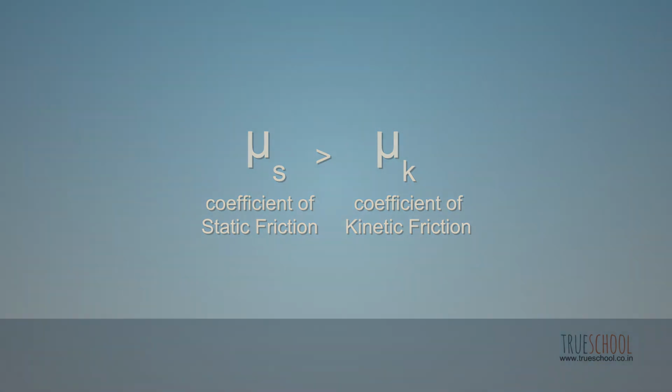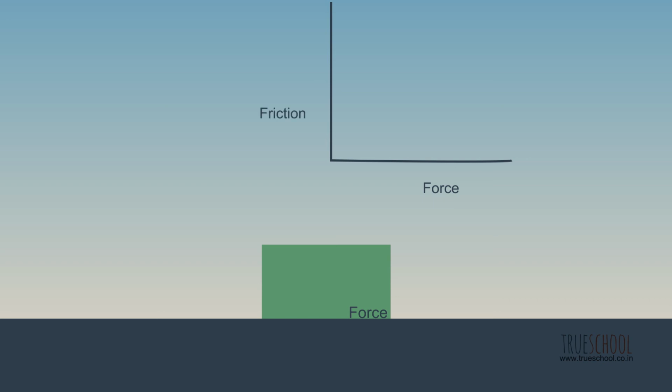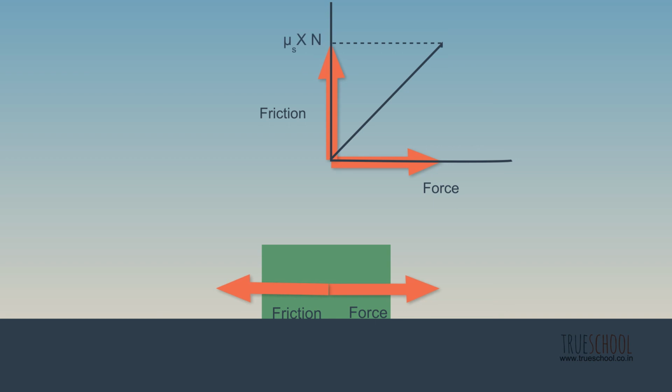To sum up what we have learned, let's take a block lying on a floor and start applying force on it. Let's start with 0. Now friction is also 0. But as we increase the force we are applying, the value of friction also increases. There then comes a point when the value of friction cannot increase any further.